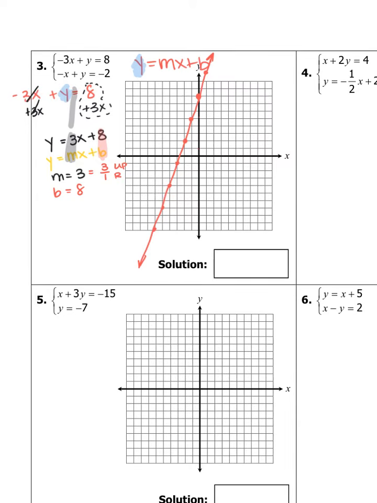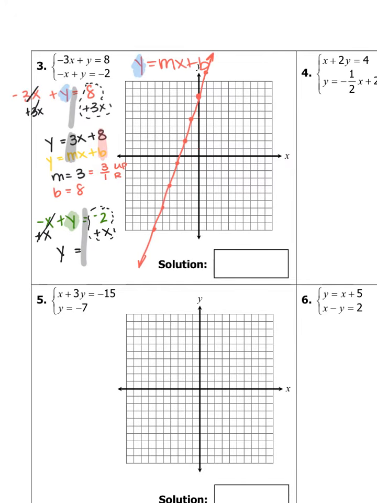Now my second line, it says -x plus y equals -2. So same thing, I need to solve this so it looks like y equals mx plus b. So I need to get that y all by itself. Since I have this -x over here, I'm going to add x to both sides. And I have y equals, I can't really add these together.